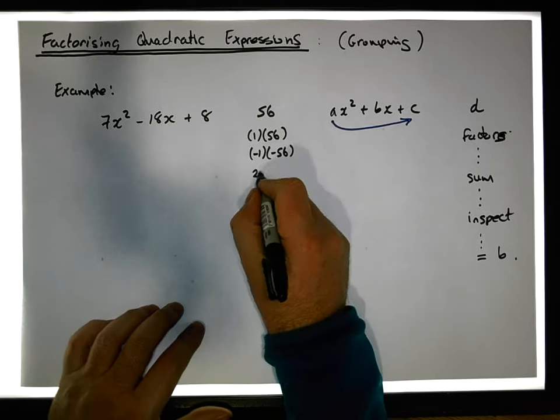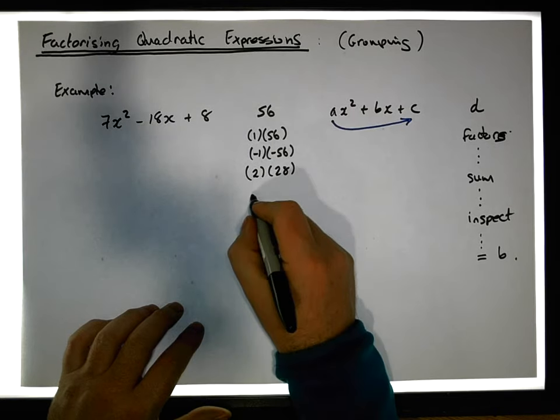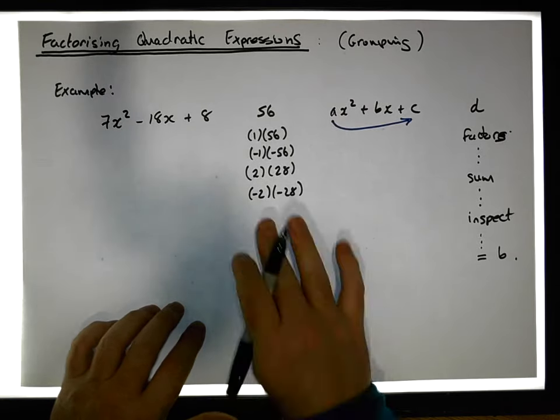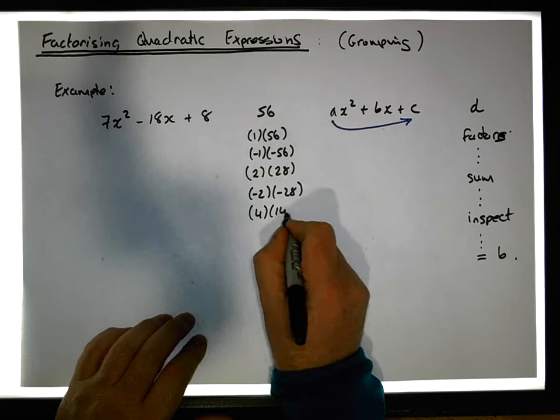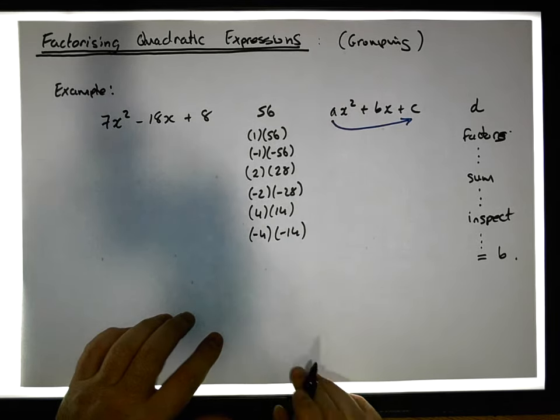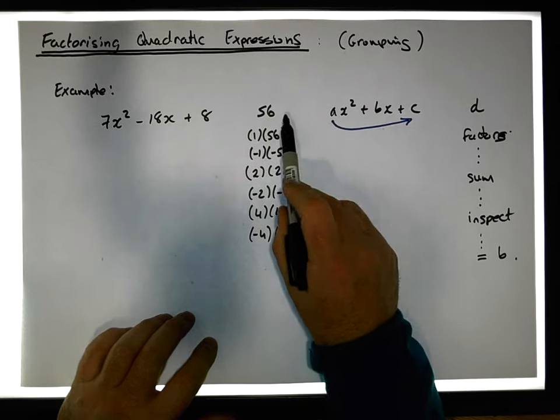We'd have 2 divides into 56. 2 times 28 gives us 56. But also minus 2 times minus 28 gives us 56. So there's another 2 factors. We have 4 times 14, and also minus 4 times minus 14. Okay. 5 doesn't divide into 56. Neither does 6. What about 7?